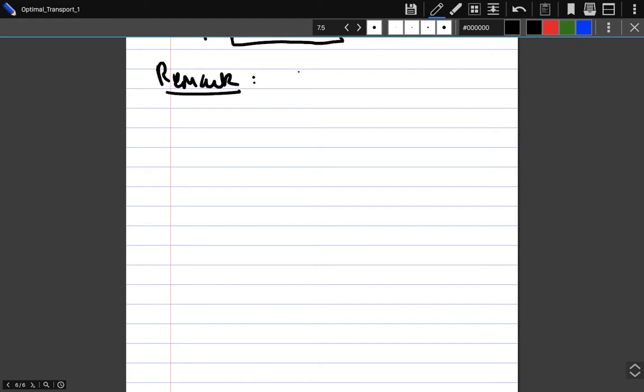Consider, for instance, the measure mu, which is just the Dirac mass at the point x0, for x0 that lives in the space X. And then let T be any arbitrary map. I've not put any constraints on it apart from the fact that it should be measurable.